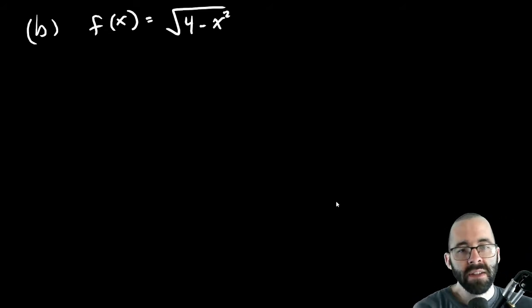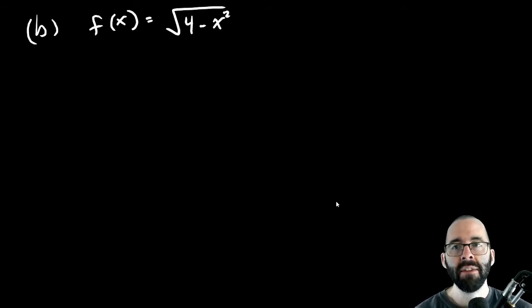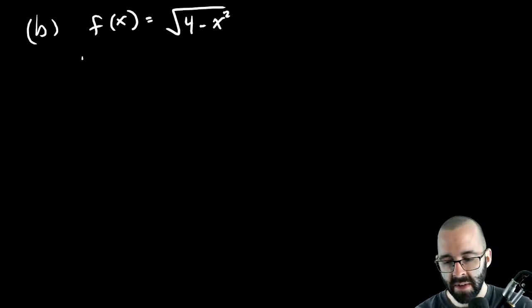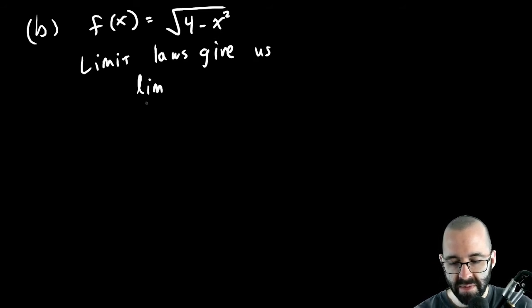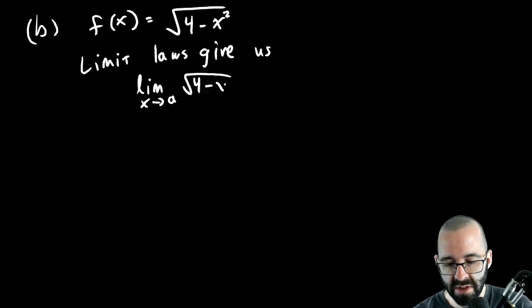So we can use limit laws to evaluate limits here. Everywhere the limit exists, limit laws are going to work. So limit laws give us that the limit as x goes to some point a of this function, we can take the limit inside the square root, and then it's a polynomial, and we can evaluate at that polynomial.